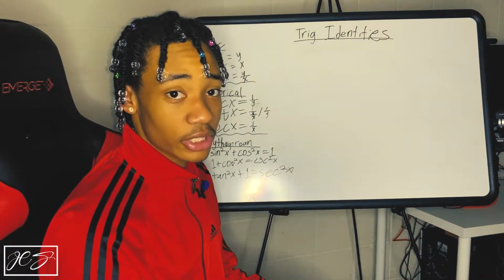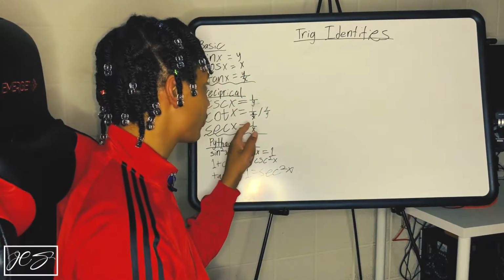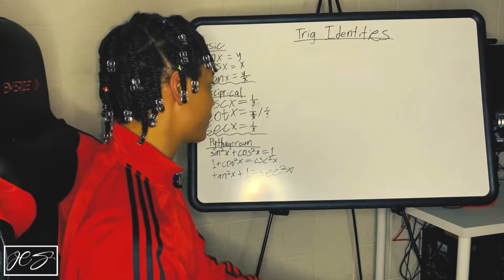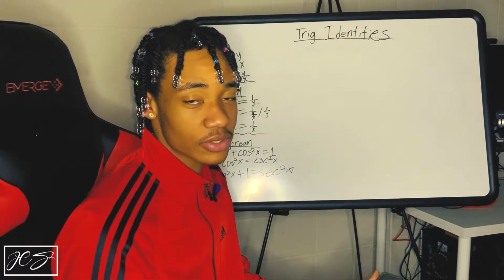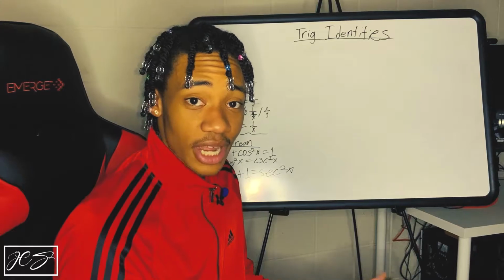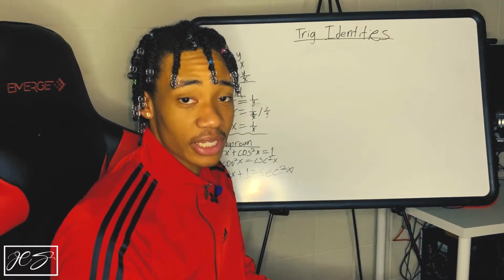Now, if you look, you can easily replace these x's and y's with sine and cosine. So 1 over sine is going to be cosecant, and 1 over cosine is going to be secant. Cosine over sine is cotangent, and sine over cosine is tangent.